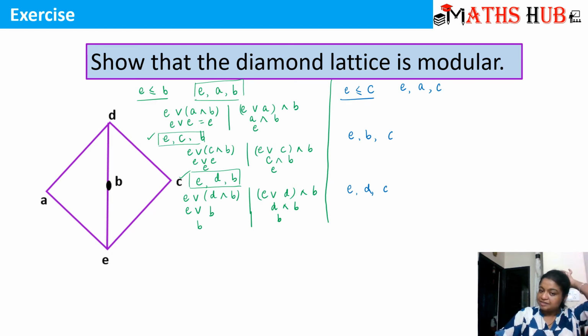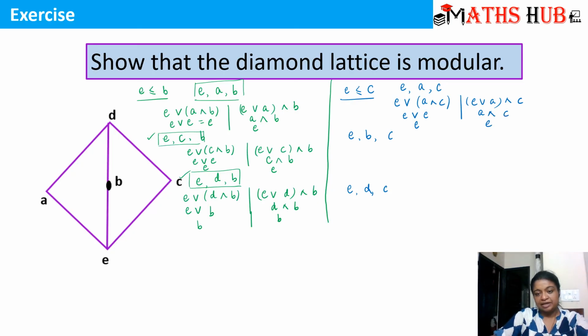You can check the same property: E join A meet C, and the right hand side is E join A meet with C. E join A meet C is E and E join E is E. Now what is E join A on the right hand side? E join A is A and A meet C is E. So again E and E are coming out to be equal.